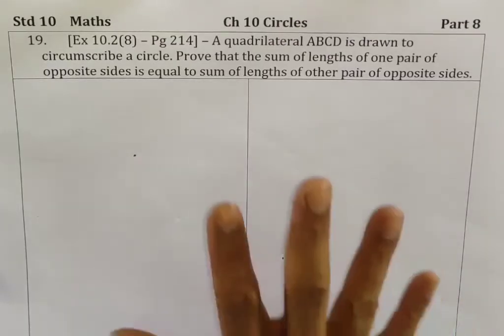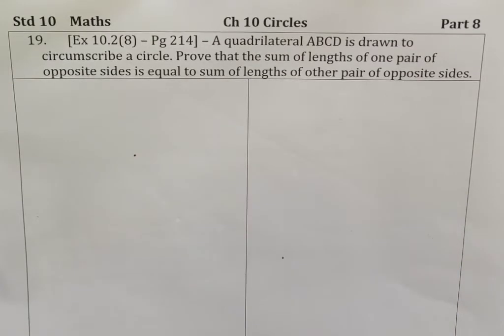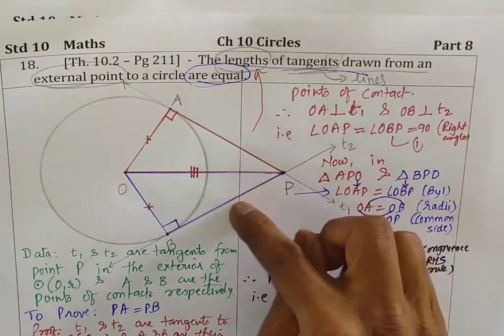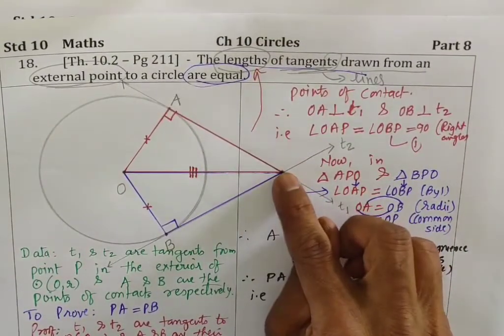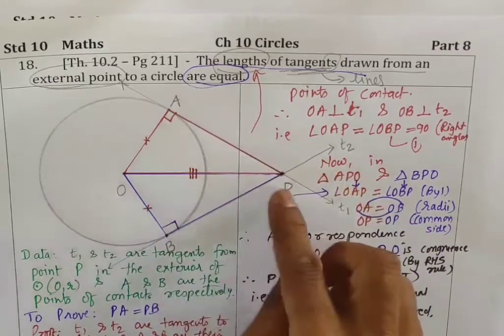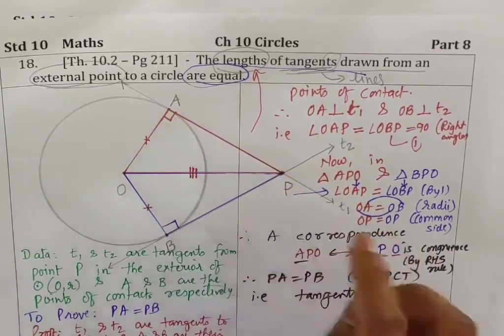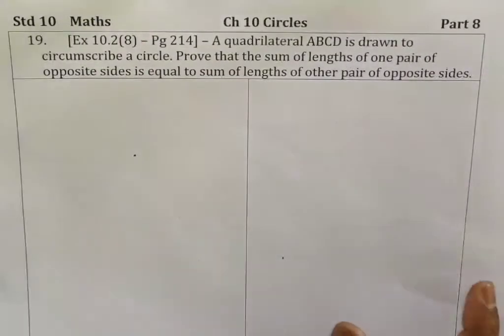So children, that was 18th one. Very important results we are going to use there. Correct? Okay. When two tangents are drawn from a point in the exterior of circle, then length of these two tangents are equal. See how we use that in solving this result.